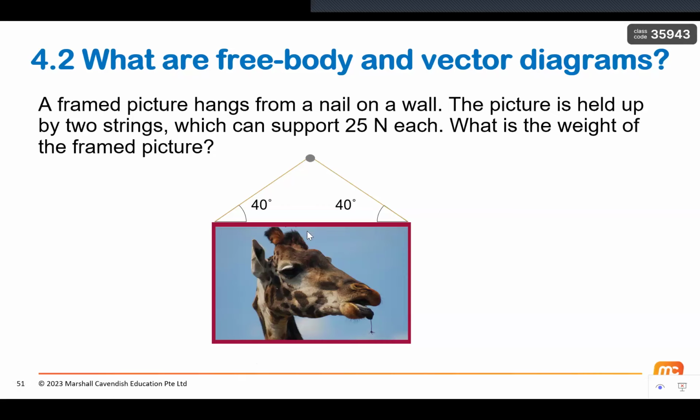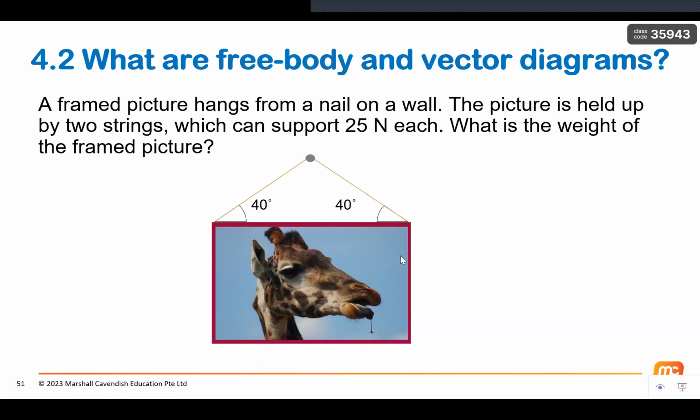You need to think whether there will be a resultant force or not. So in this case, my frame picture hanging on the wall is not moving at all. So I would say that there will be no resultant force acting on this frame picture.